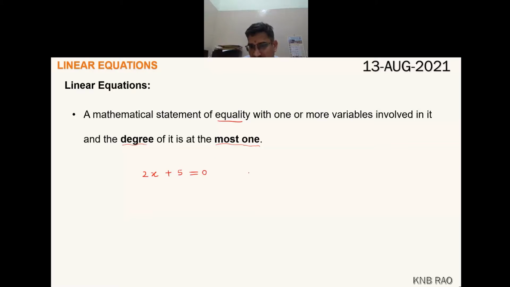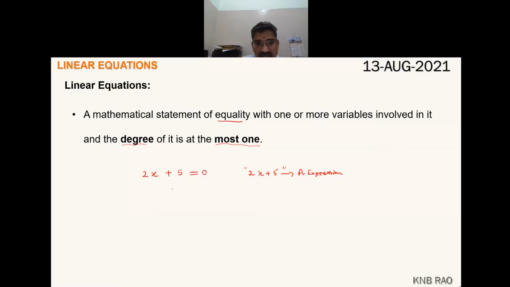Whereas if I have only 2x + 5, this is not called an equation, it is an algebraic expression. So once the equality sign comes and some other number comes on the other side, then that becomes an equation.